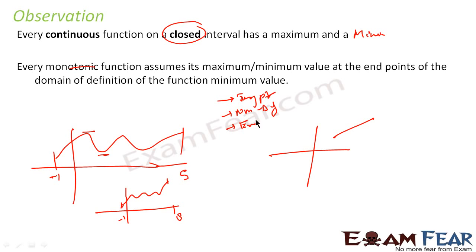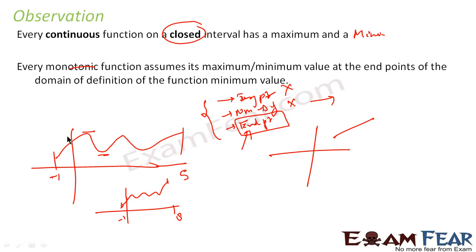In general, we have three kinds of points where we can have maximum and minimum. For a monotonic function, there is no turning point and no non-differentiable point. The only point where it can have maximum and minimum is the end point. For a differentiable function, since it is differentiable always, that clause is gone, so it can have maximum and minima either at end points or at turning points.